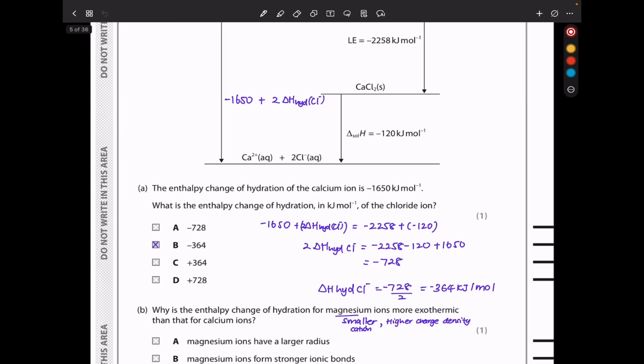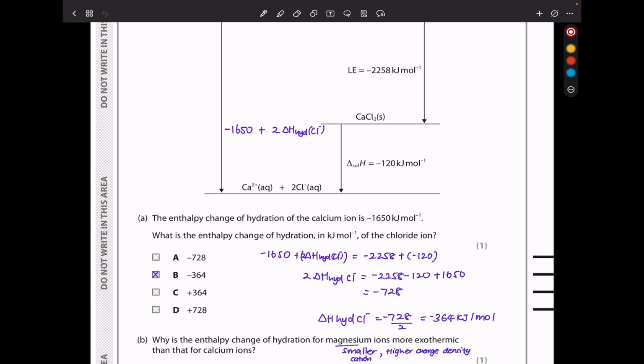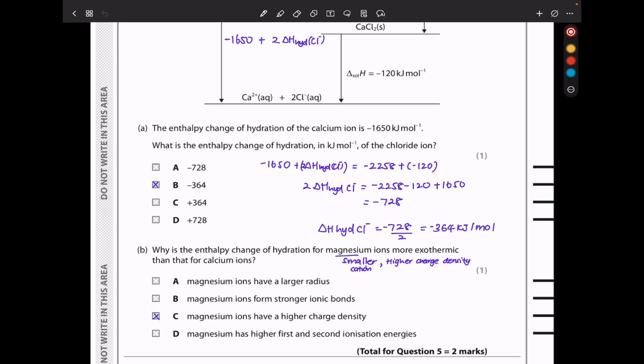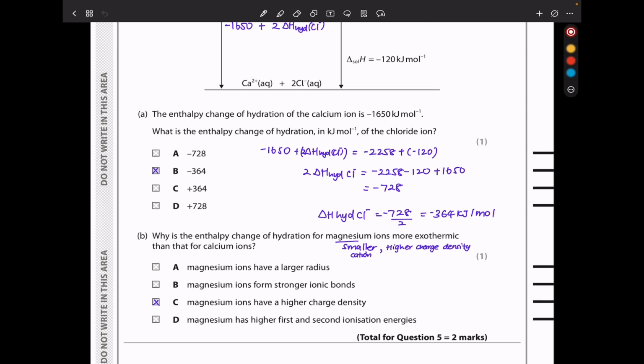So here we have the 1650, plus twice that, is equal to negative 2258 plus negative 120. Making the delta H for hydration of chloride the subject, I got negative 728 divided by 2, which is negative 364 kilojoules per mole, and the answer is going to be B.